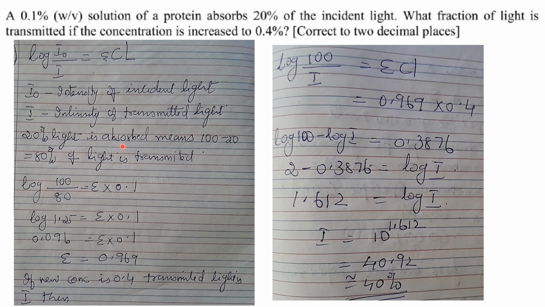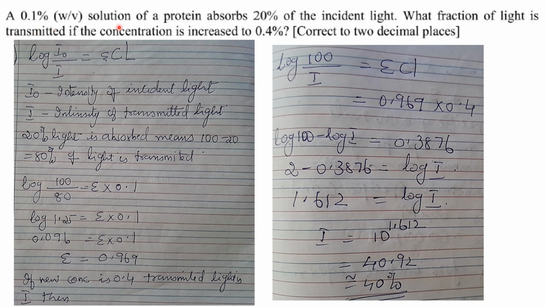Now 20% of the light is absorbed means 100 minus 20, that is 80% of the light is transmitted. So log 100 by 80, that is I0 by I, is equal to epsilon into 0.1.